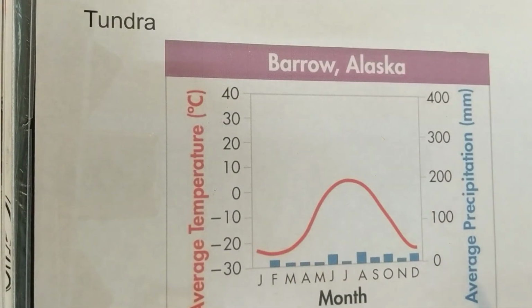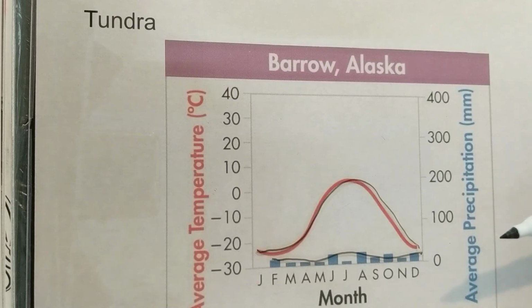Their temperatures over the year are pretty low compared to what we've seen before. What do we notice about the amount of precipitation that they get per year? Precipitation is also very low in the tundra.